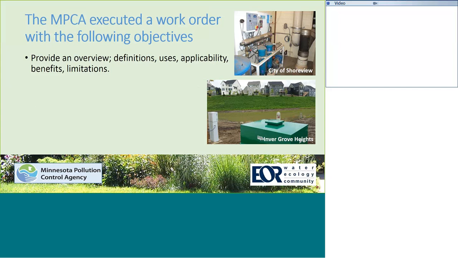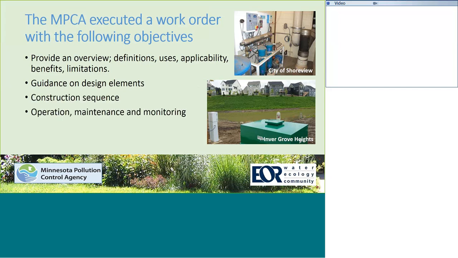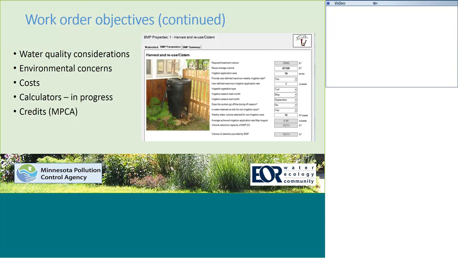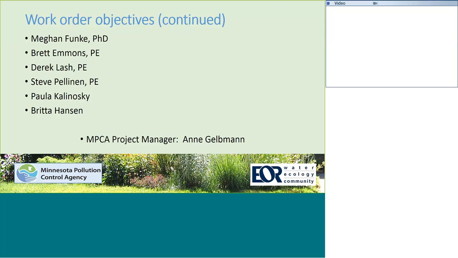So first, we asked the consultant to provide an overview, definitions, uses, applicability, kind of general information. And by the way, Megan and Brett will be going over each one of these individually after I get done with the introduction here. There's guidance on design elements, construction sequence, operation, maintenance, and monitoring, water quality considerations, environmental concerns, costs, calculators, credits, case studies.